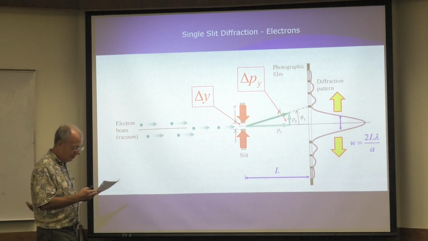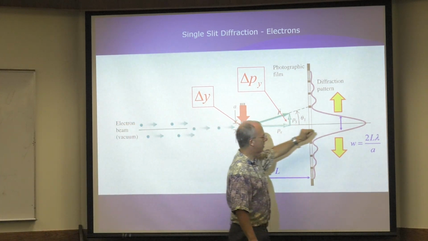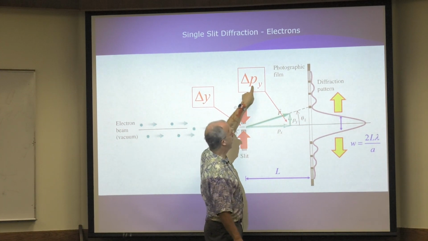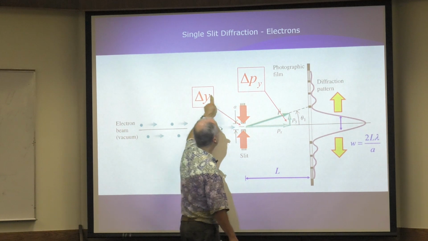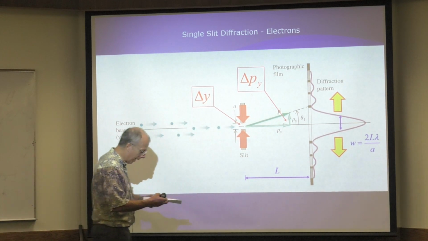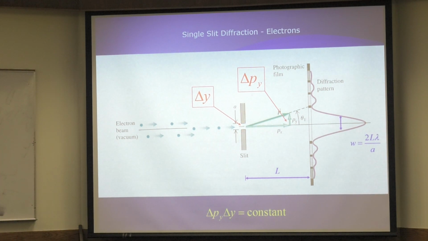So see what's going on? If you get this smaller, this gets bigger. In other words, if you get delta y smaller, this delta py gets bigger. If you make this smaller, this gets bigger. So you're stuck. And that's basically what Heisenberg figured out.